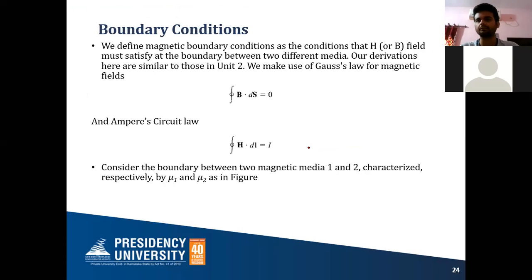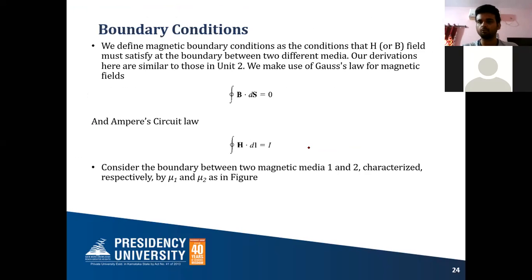Just recall, in electrostatics also, I derived two equations for boundary conditions, if you remember: E1t equals E2t and D2n minus D1n equals rho s.